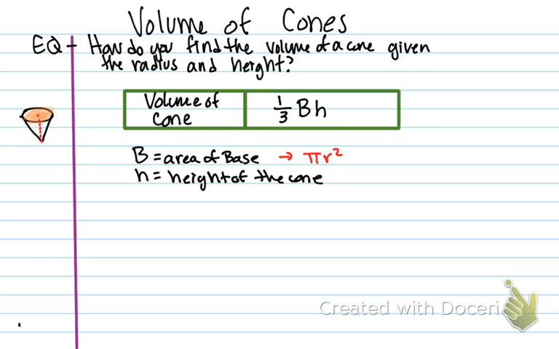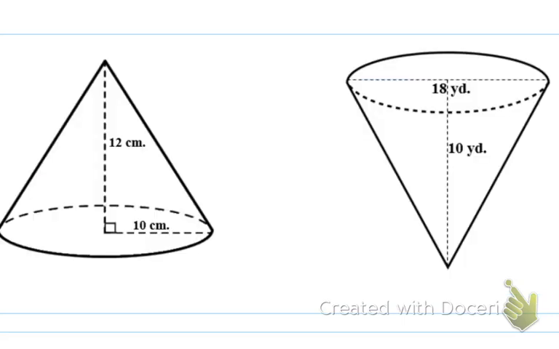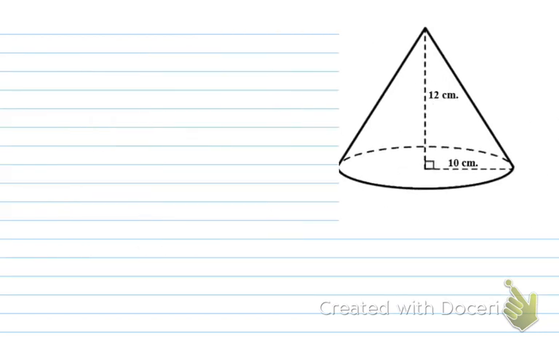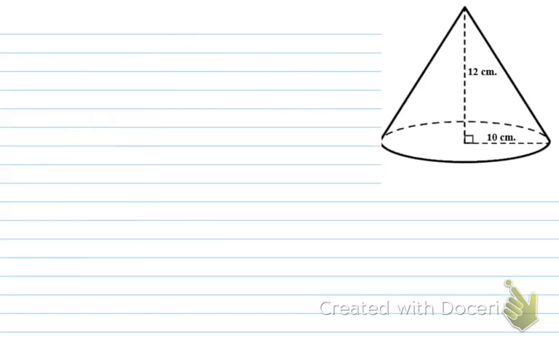Okay, so let's do a few questions together about cones. Let's do this one first. First, I'm going to write down our formula: 1/3 times base times height. I do need the area of the base and the height. My area of the base is going to be this circle, and so I need pi r squared.